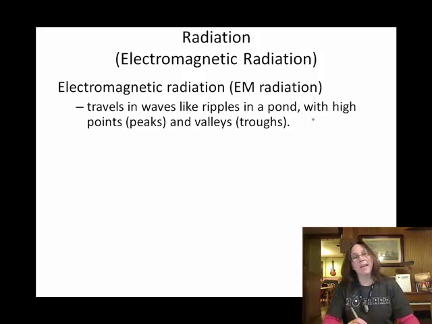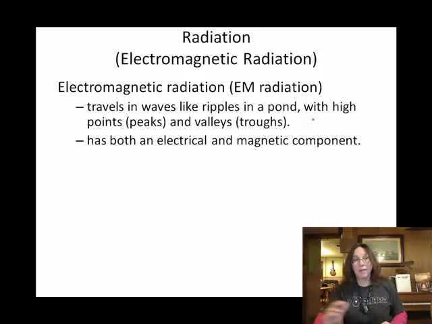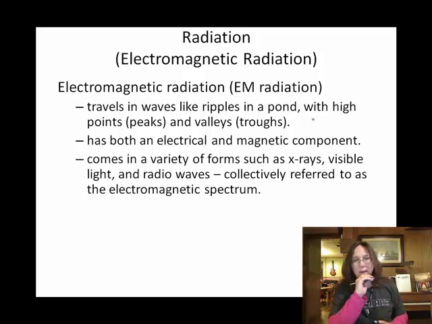One is that they travel in waves, kind of like if you were to drop a pebble in a pond, you see those waves, those ripples. Think of that as how these energies are traveling. All forms of electromagnetic radiation have an electrical and a magnetic component, and they are in phase. They're traveling together at one time.